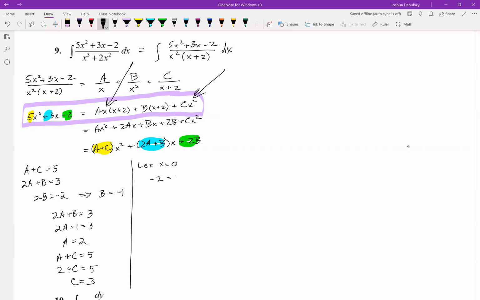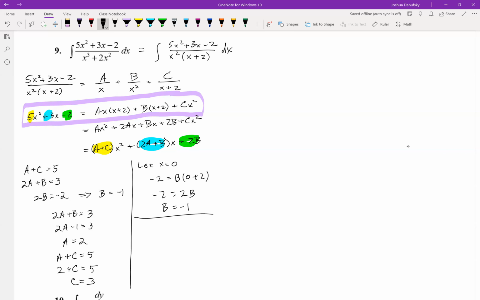So we would just have b times 0 plus 2, because again, we're plugging in 0 for our x's. Again, we just have this one term, and that's what I have there. And when we solve this, we get negative 2 is equal to 2b, so b is equal to negative 1, which is exactly what we got with the other method.